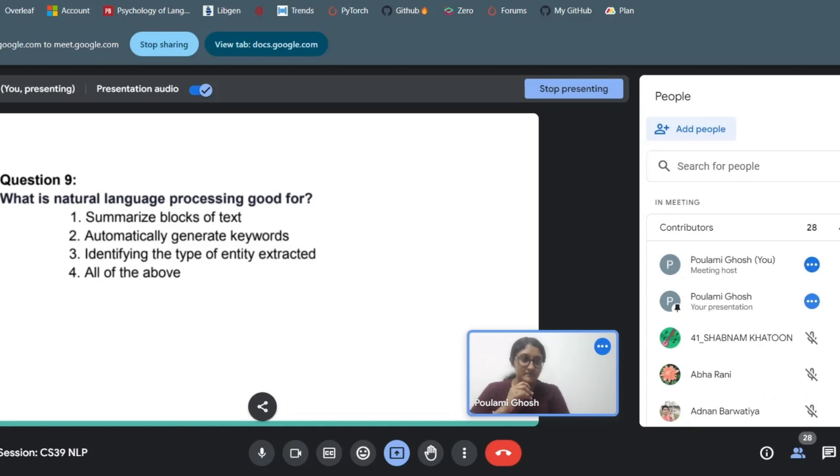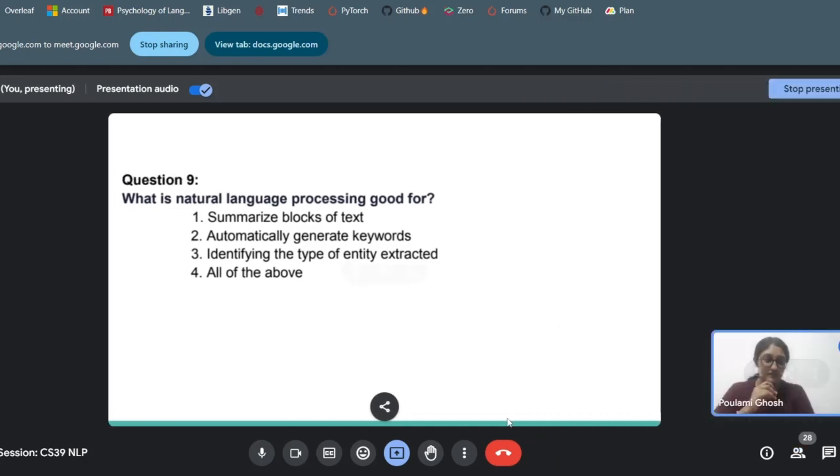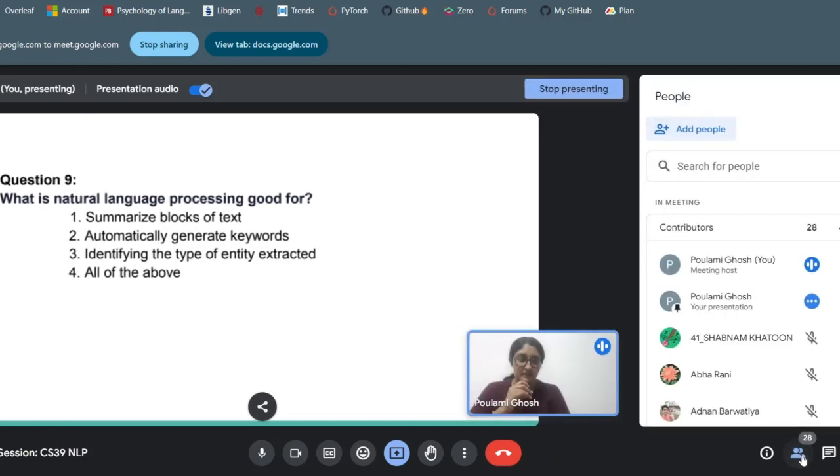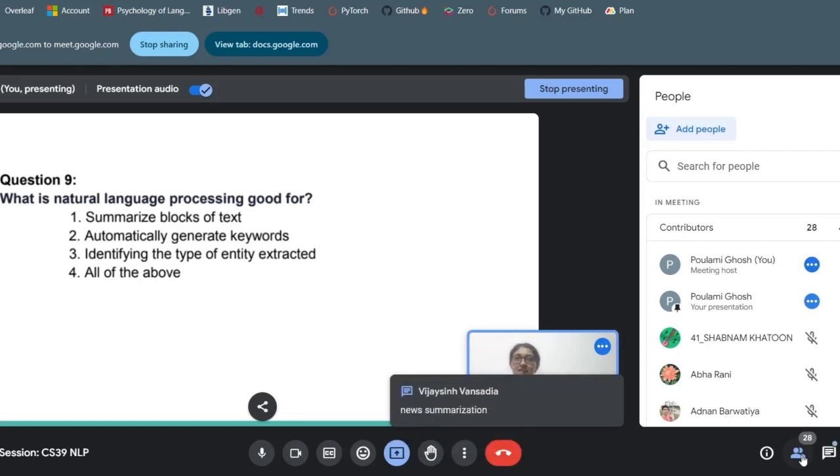There are many places where natural language processing is being used. As you all mentioned, summarization, like news summarization, or giving a huge block of text.